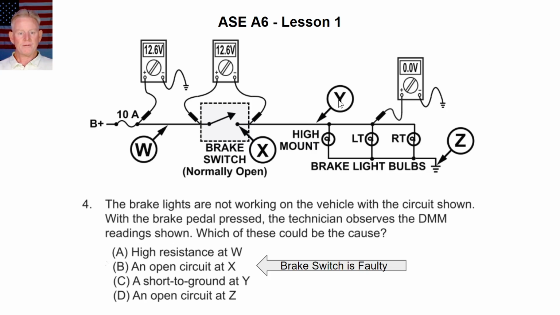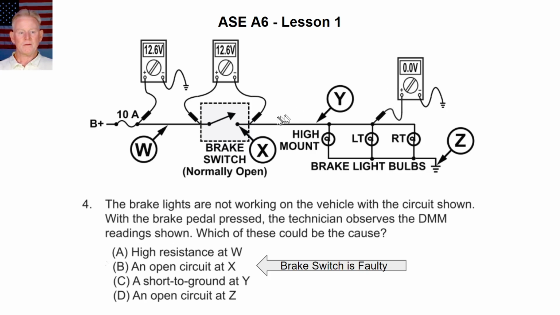Based on this information, why would we say that's incorrect? A short to ground at Y. Well, let's see, this one here is 0 volts, so I guess that could possibly be.